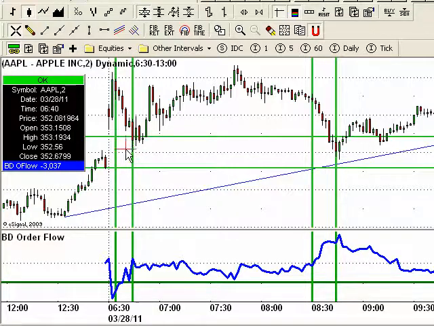But more importantly, after they distributed the opening gap, they came in and used the sell-off to do what? Accumulate shares. And we know this because what I have observed in following this now is that typically this broker-dealer order flow will show you how they are countering price action to build positions.